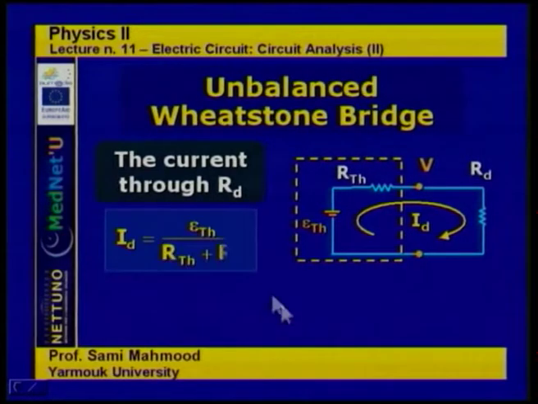So the current through RD is simply equal, from the loop equation, to epsilon Thevenin over the total resistance across the loop, which is R Thevenin plus RD.